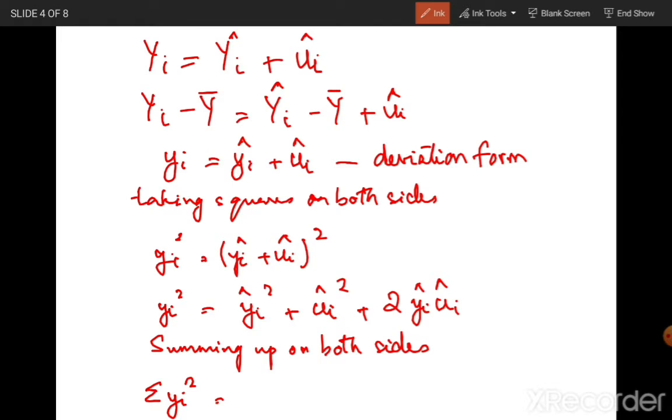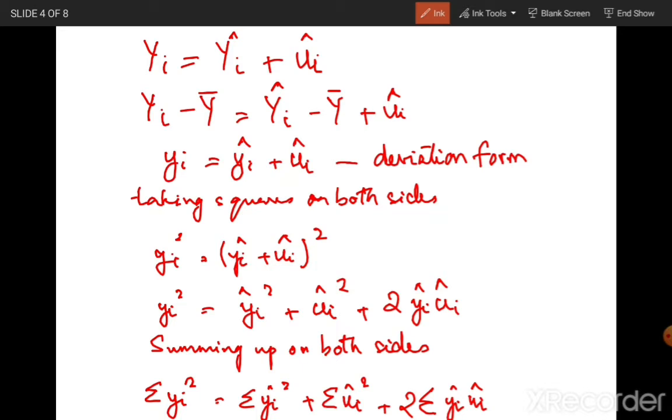So each term will get summed up. Summation yi hat square plus summation ui hat squared plus, since 2 is a constant coefficient, I can take it outside the summation sign, 2 times summation yi hat ui hat. So I hope this much is clear.